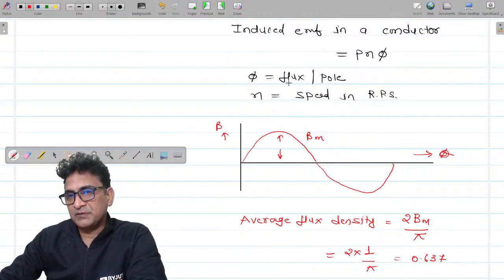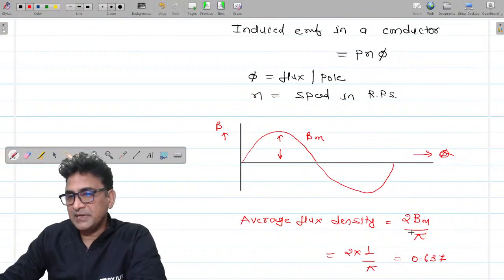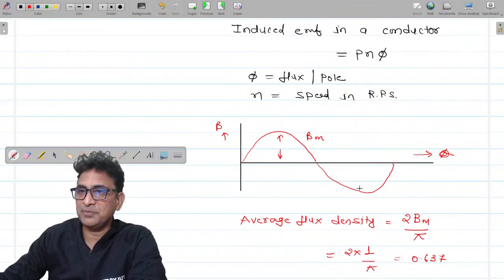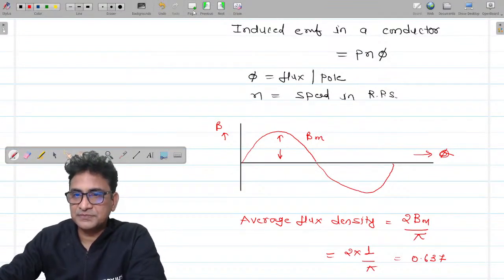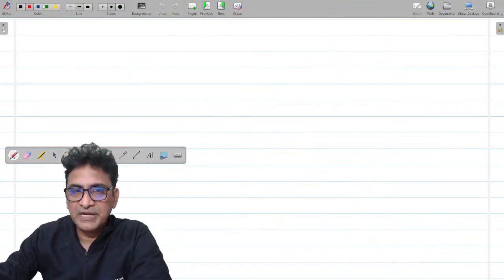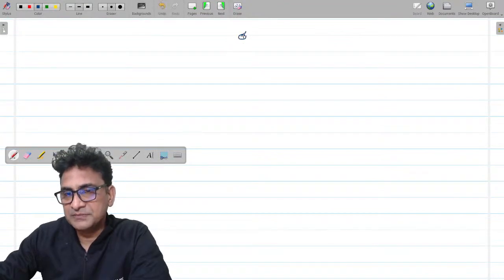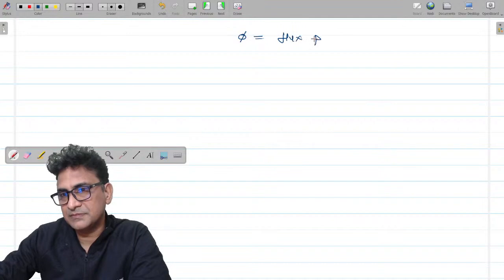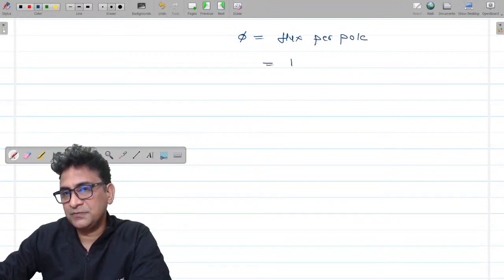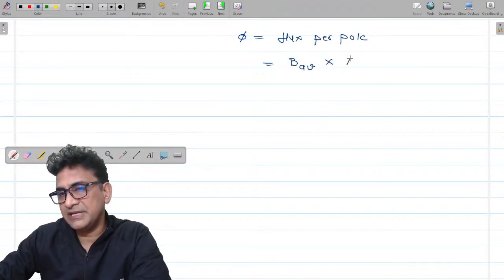To find the flux per pole, I multiply the average value of flux density by the area per pole.